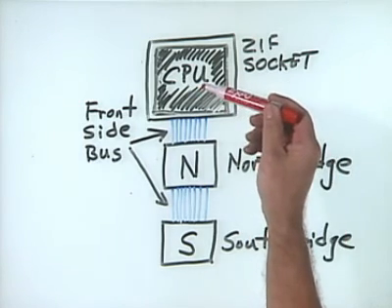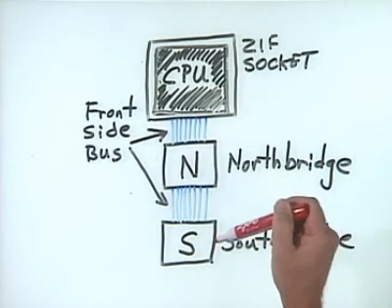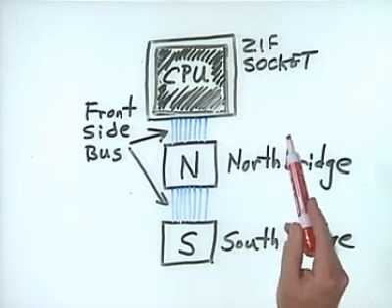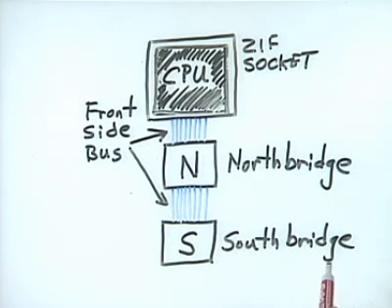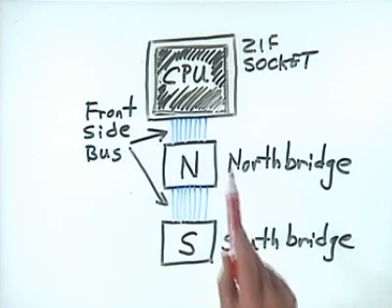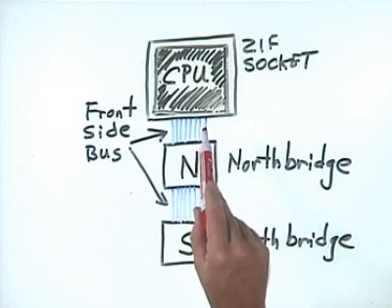The CPU resides on the system's front side bus, along with two other very important ICs, the North Bridge and the South Bridge chipset. These integrated circuits offload work from the CPU so it can handle key processing tasks.